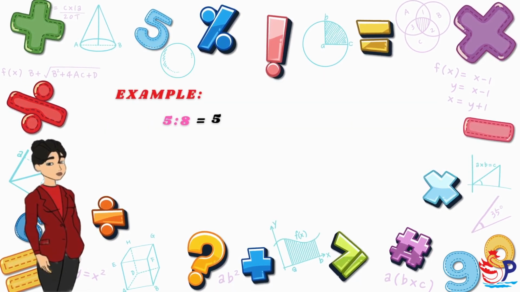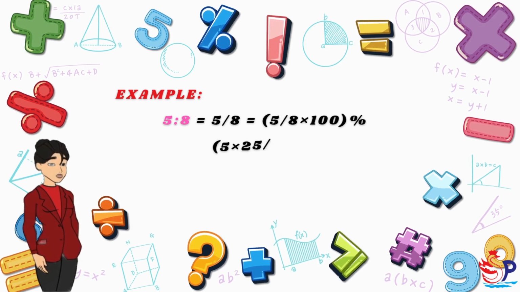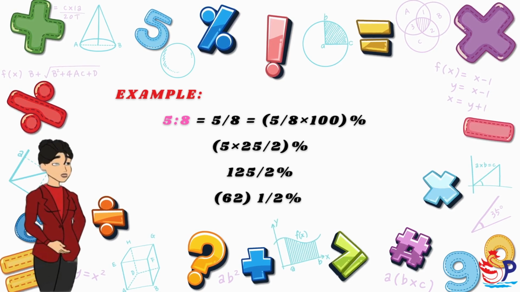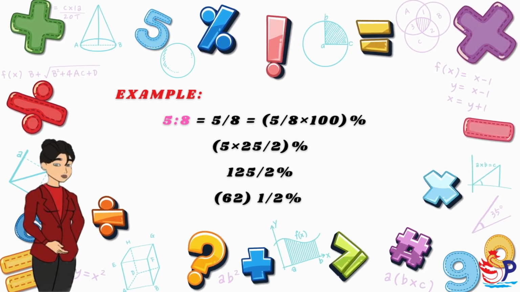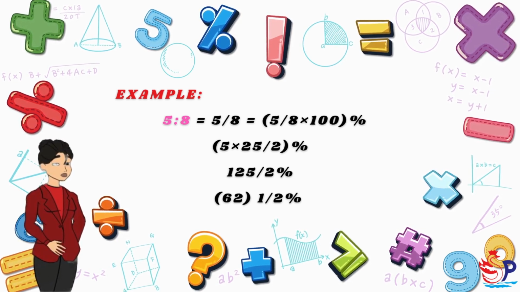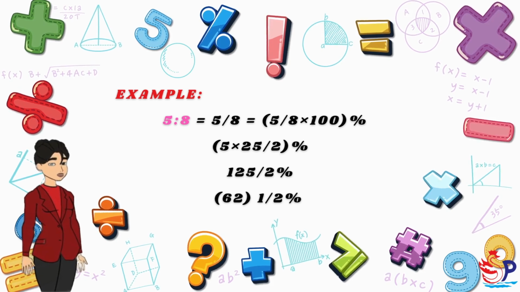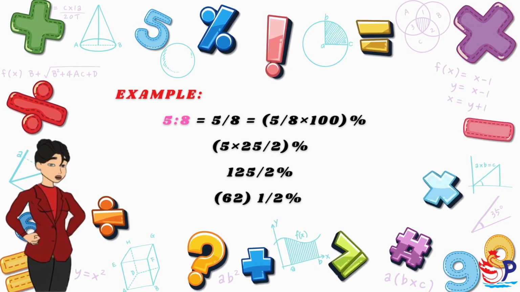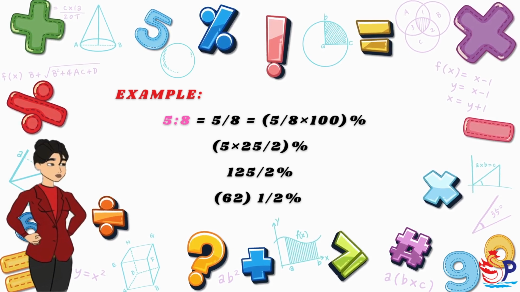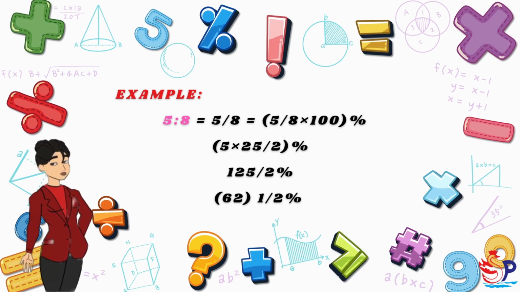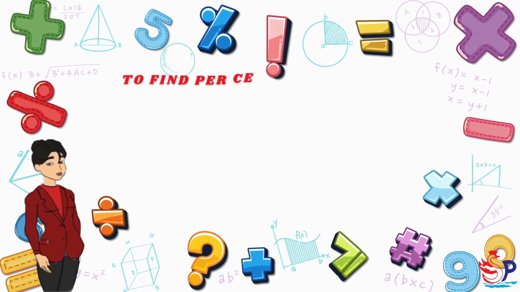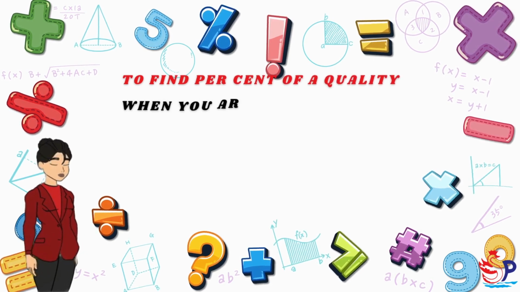Example: 5 ratio 8 is equal to 5 by 8, which is equal to 5 by 8 multiplied by 100%. 5 multiplied by 25 by 2%, which is 125 by 2%, which is 62 1 by 2%.